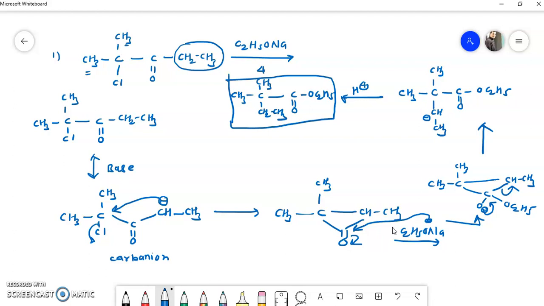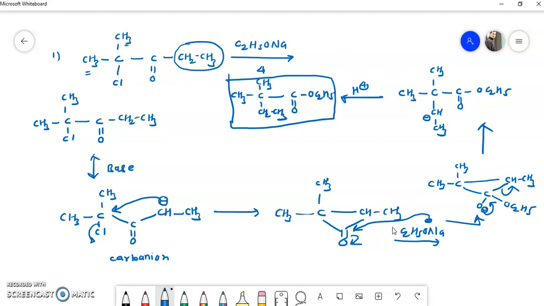Okay, so this is the mechanism of this reaction. I will explain once again. In the first step, base abstracts the acidic proton to form the carbanion. In the second step, that carbanion attacks the carbon atom which is attached to halogen to remove the chlorine and form a cyclic intermediate.